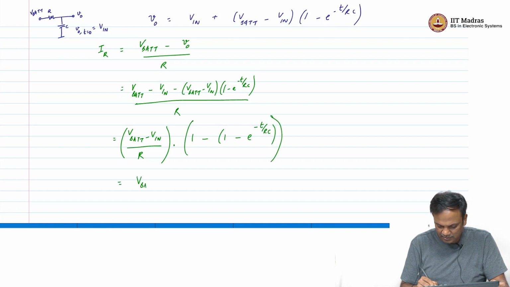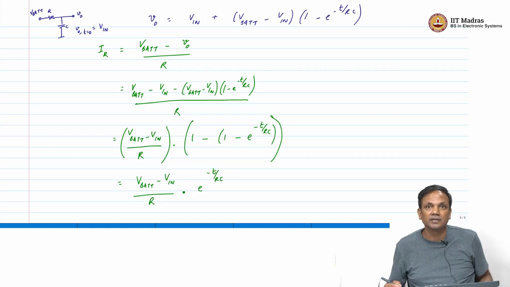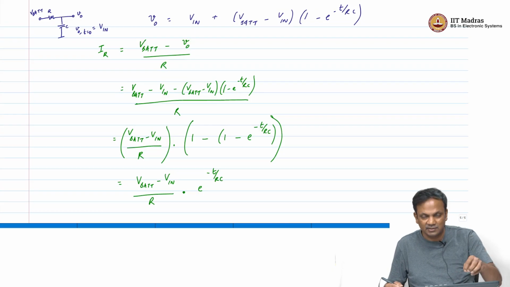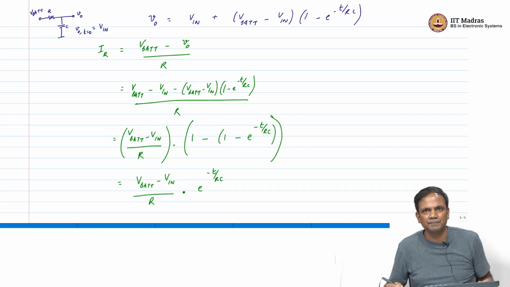So, it is (V bat minus V in) by R into e to the minus t by RC. So, the current flowing through the resistor is (V bat minus V in) by R, whatever that initial current is, and that initial current is going to decay with a time constant of RC.